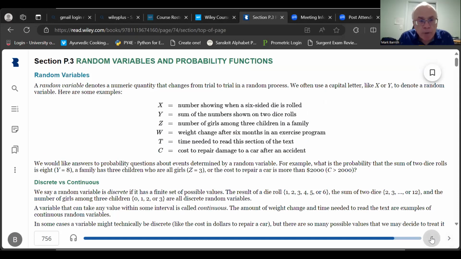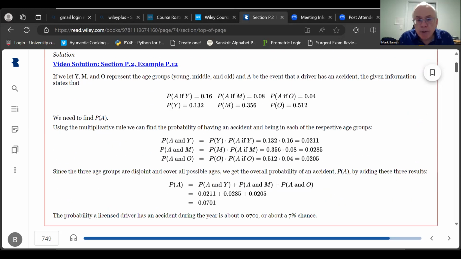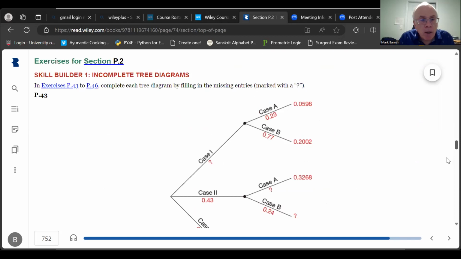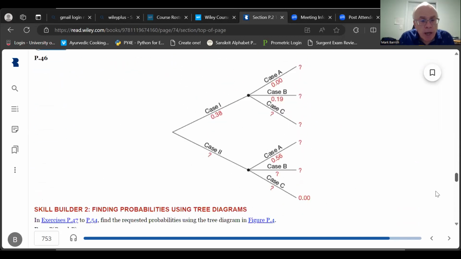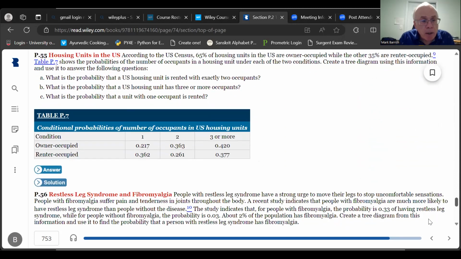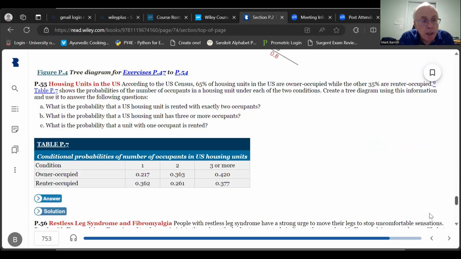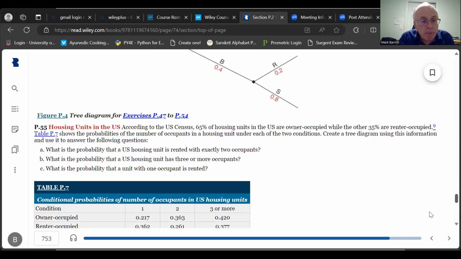All right, so we're in P2, and what we're going to do is go to the end of the section where there are some problems. Let me find these problems. Here we go.